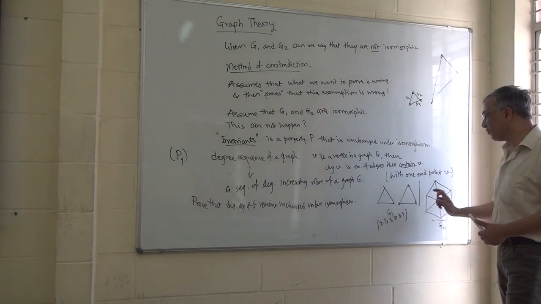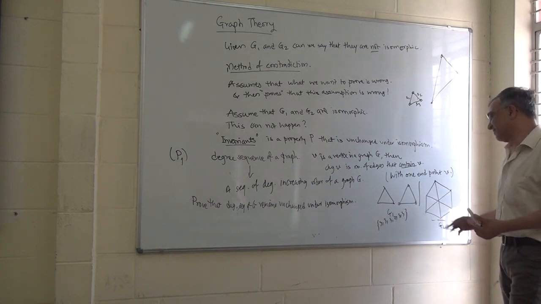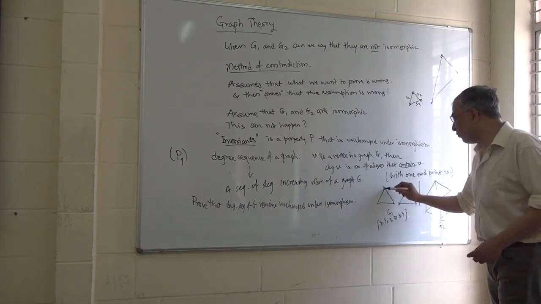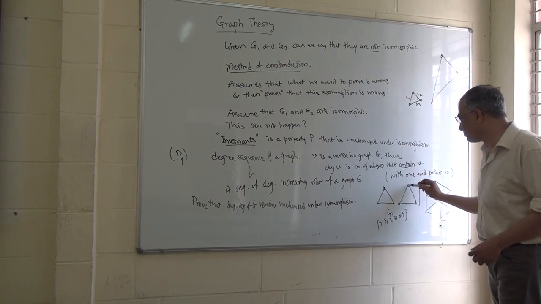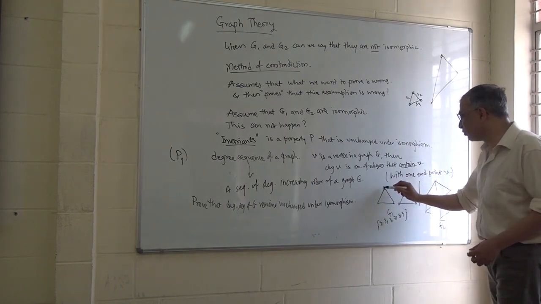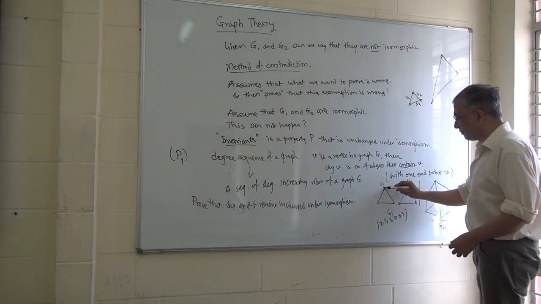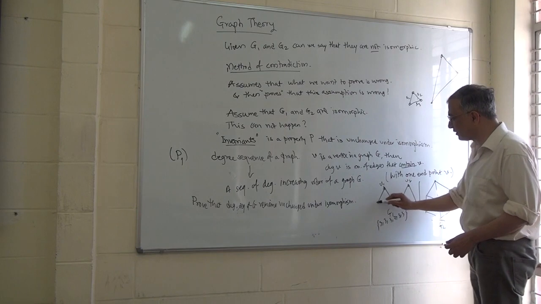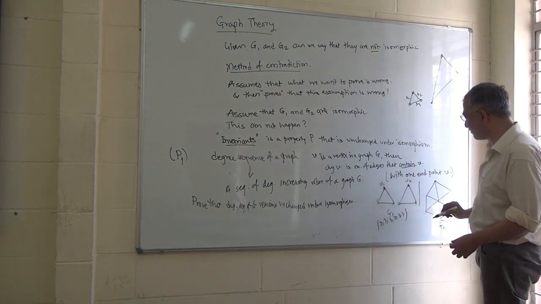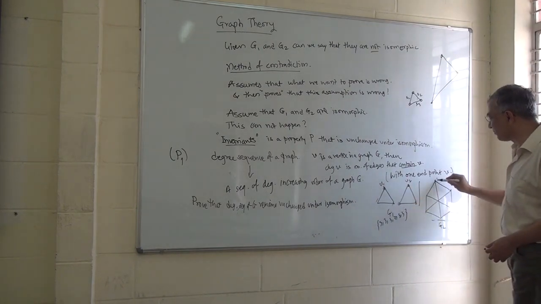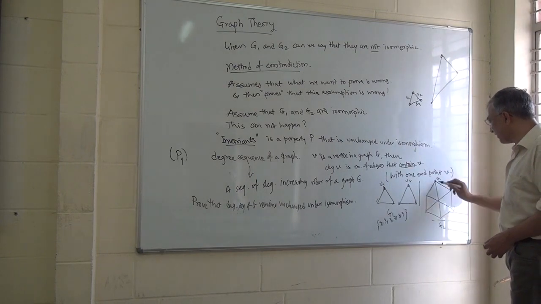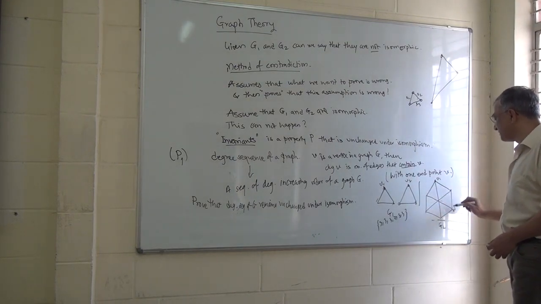And these two are not isomorphic because, for example, I can go from this point to this point, but I cannot go from this point V1 to V2 by traveling along the edges. I will remain only on this part. I can never jump here. Whereas I can go from any point here to any point there by traveling on the edges.